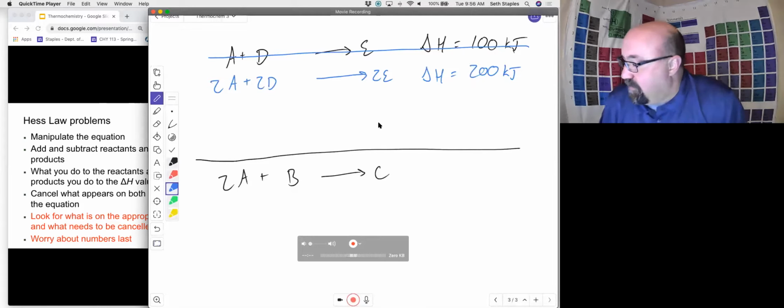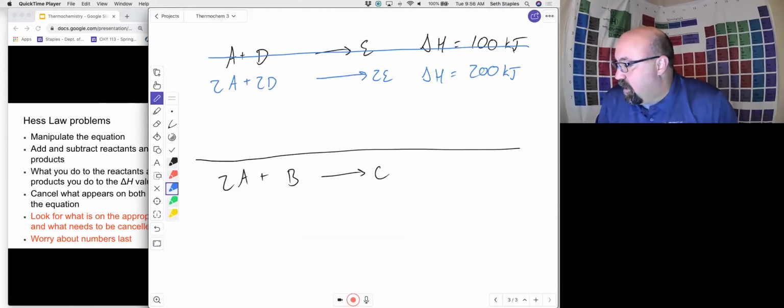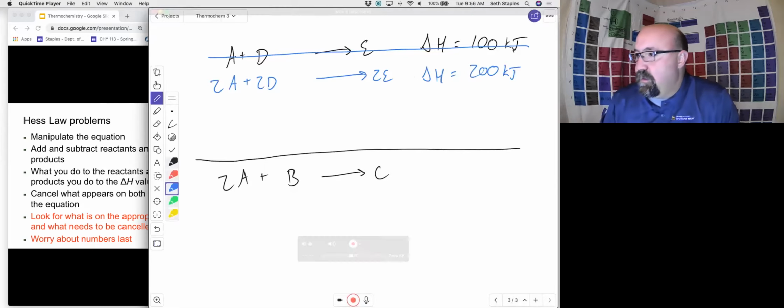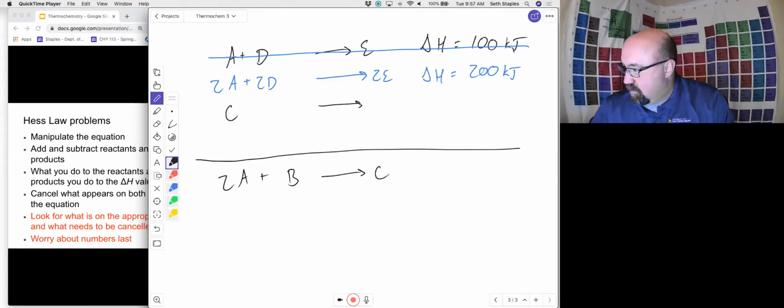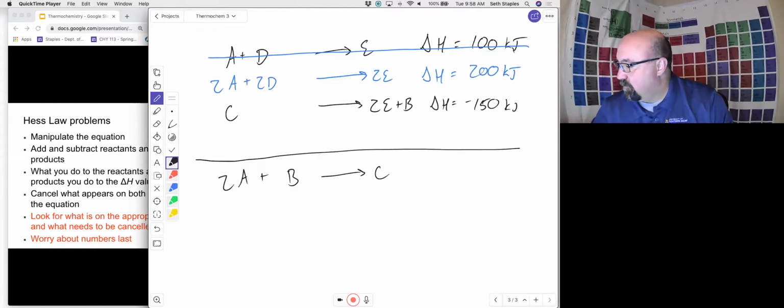And so if we just continued this, let's say that the other reaction we had information for was C goes to 2E plus B. And we knew the delta H of that to be maybe negative 150.